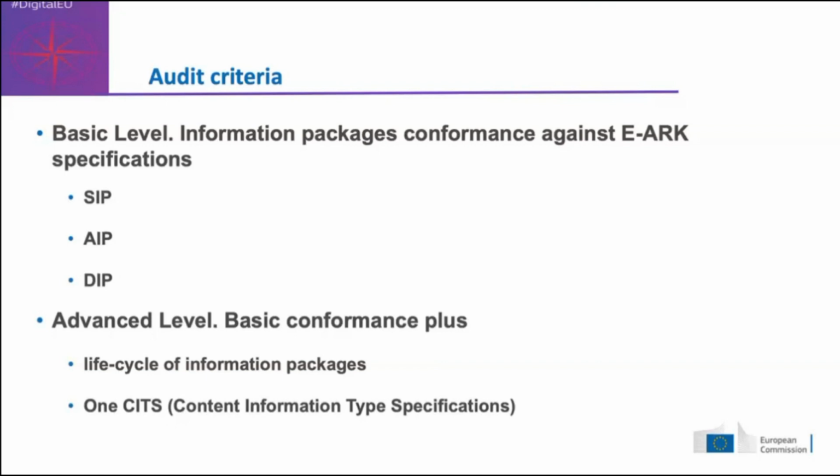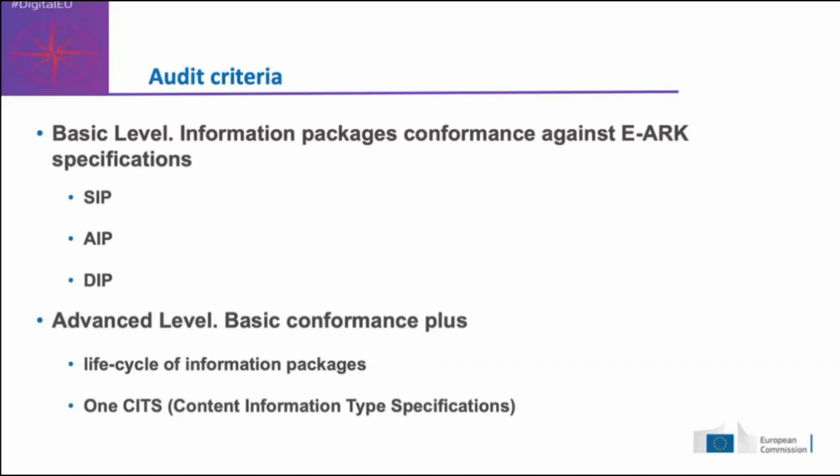And on top of the basic level, there is the advanced level. Advanced level means that we test, for example, that the life cycle of information packages also produces valid information packages. This means if you have, for example, a migration action creating a new representation with a new format in an information package, that this is still a fully valid information package.